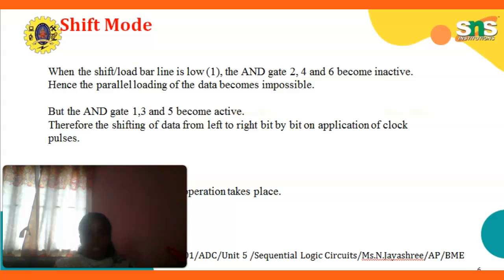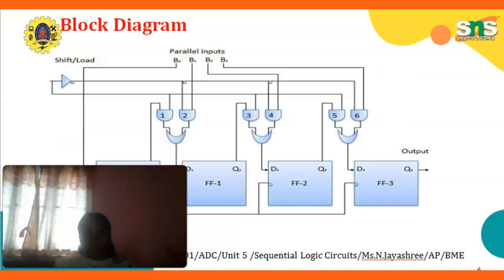Okay. Next one, this is what the block diagram shows. Here the rising edge of the clock pulse shows the shift and the falling edge of the clock pulse shows the load operation. In the load operation, the AND gates 2, 4, 6 become active and 1, 3, 5 become inactive.